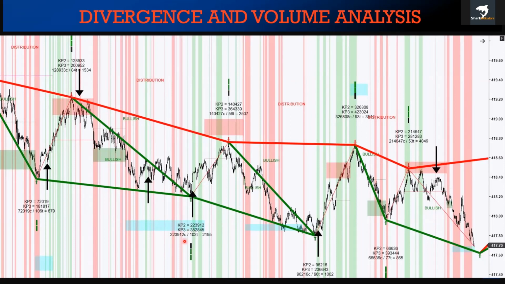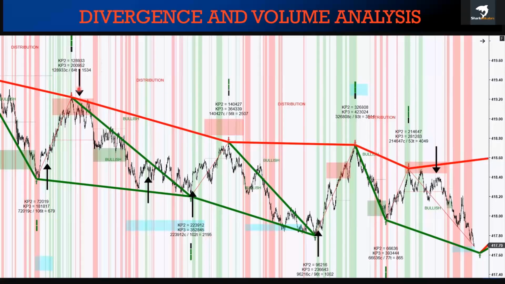And when you do the math, this sell-off was $1.02 on the SPY. When you divide that up, you get 2,195 shares of a positive delta as this was selling off. And that is basically what is important about this volume analysis that we're going to do.